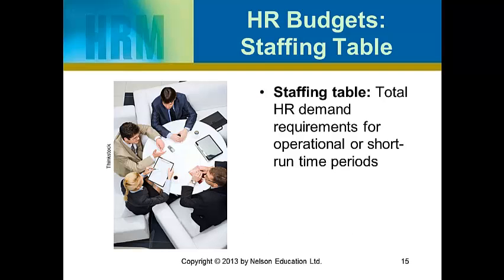So then you get to the staffing table that gives you the overall total HR demand required for short run time periods. When you put all of these things together, you're able to get a cumulative effect and know collectively what the company is going to be needing in each area.